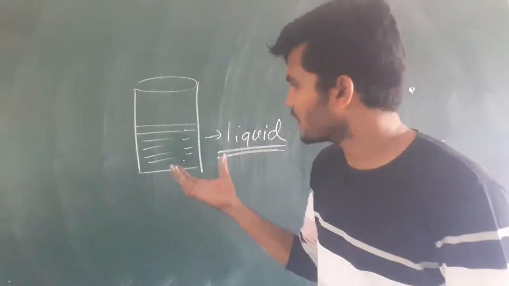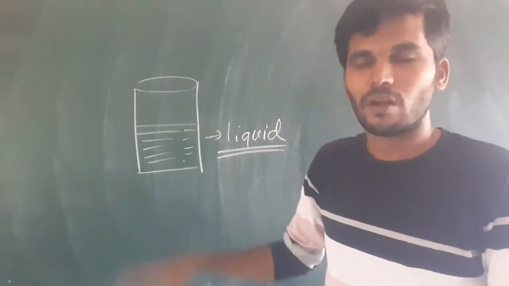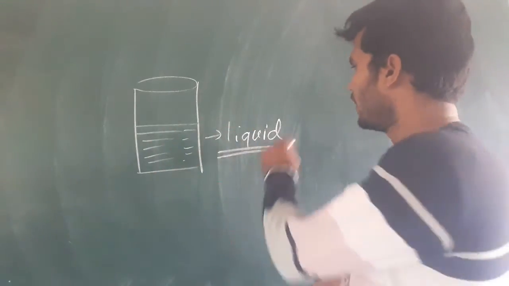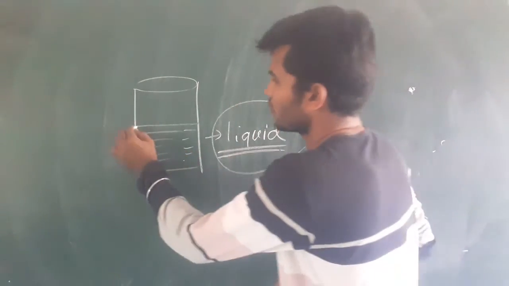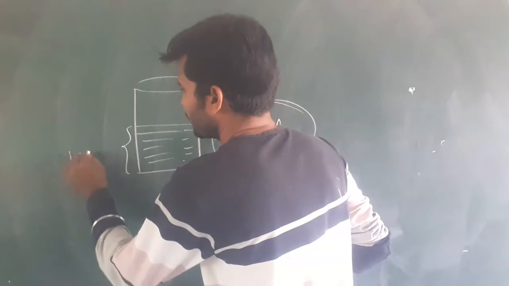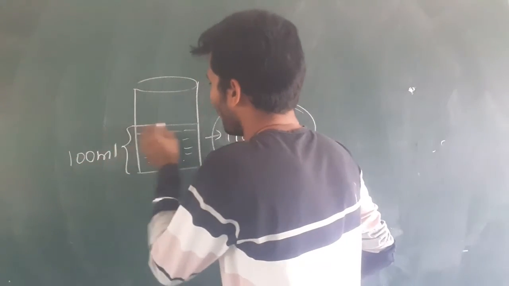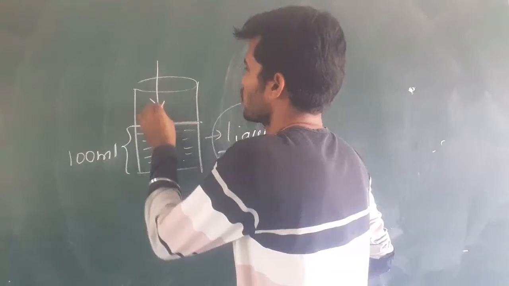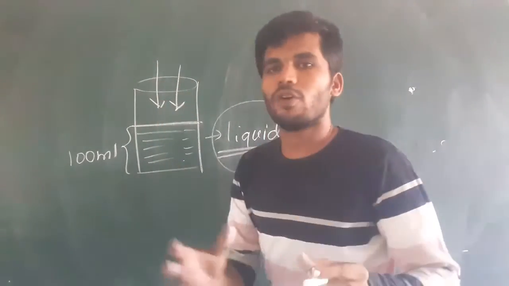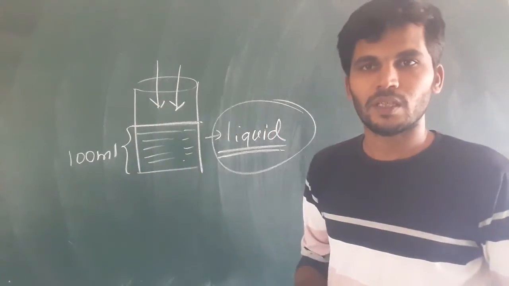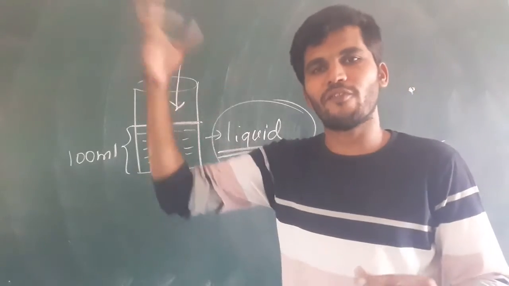Suppose इसमें maximum कितना salt we can put inside this liquid container. Suppose this liquid is of 100 ml. 100 ml इतना ही भरा हुआ है, half का, and I am putting salt. So what quantity of salt can I add? 1 kg, 2 kg, 3 kg, or infinite?